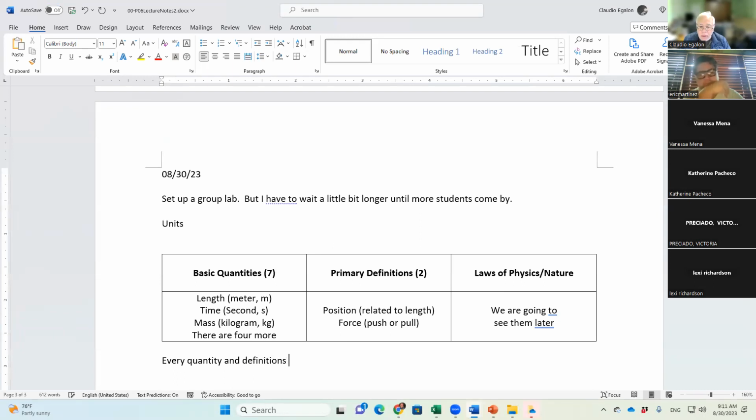Units exist to distinguish one measurement from another one. The units are there.